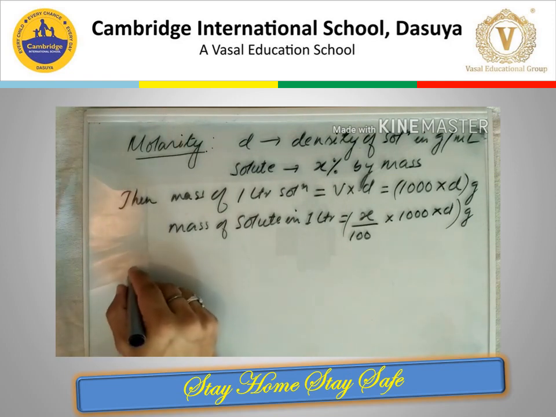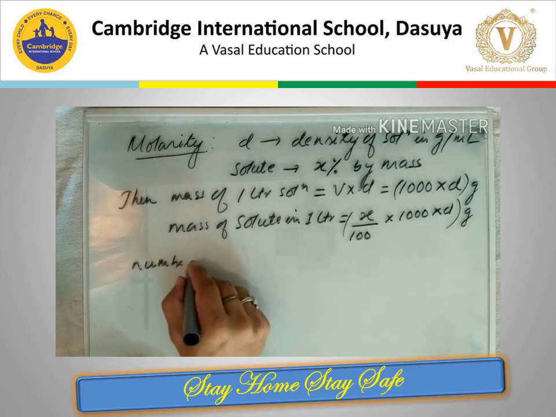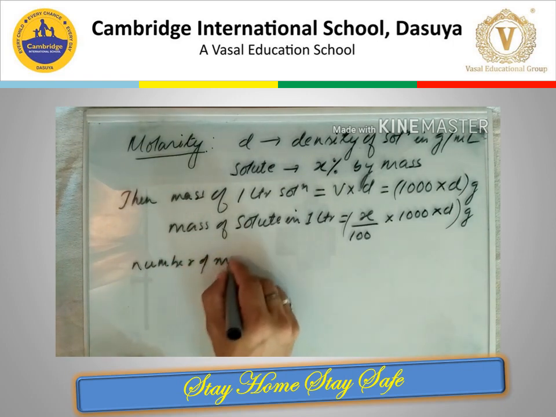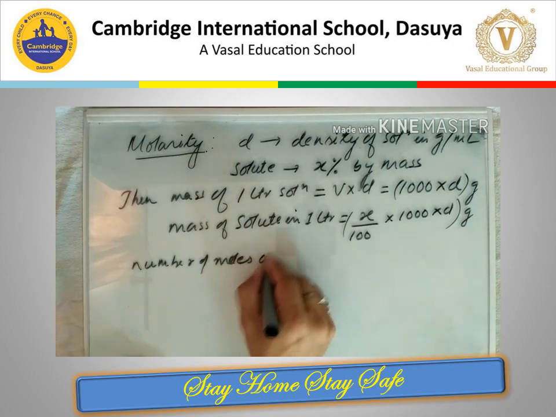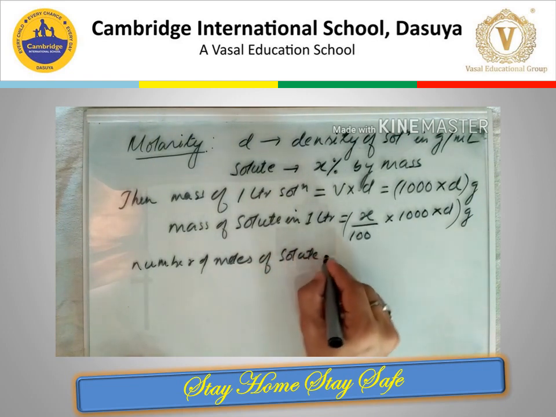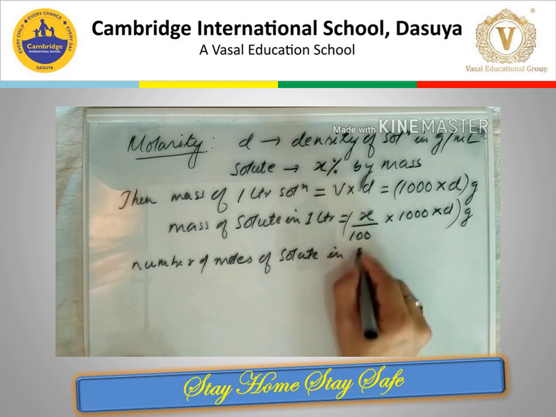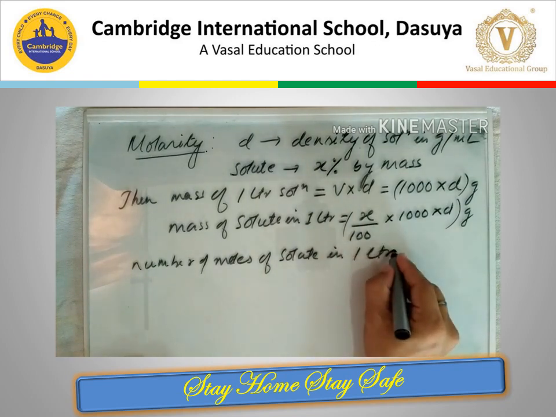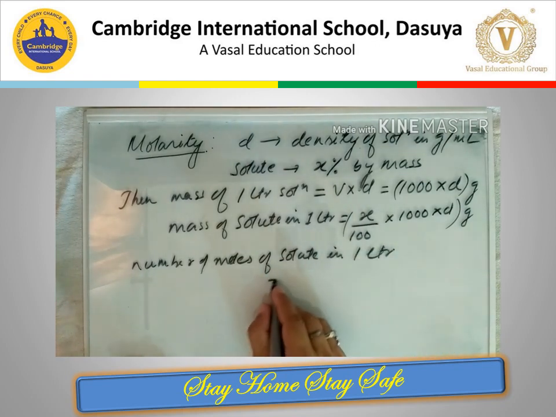Now, the number of moles of solute in 1 liter is equal to given mass upon molar mass.